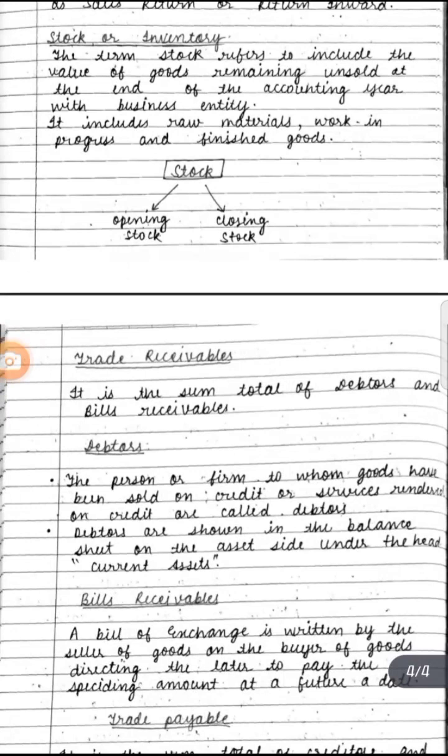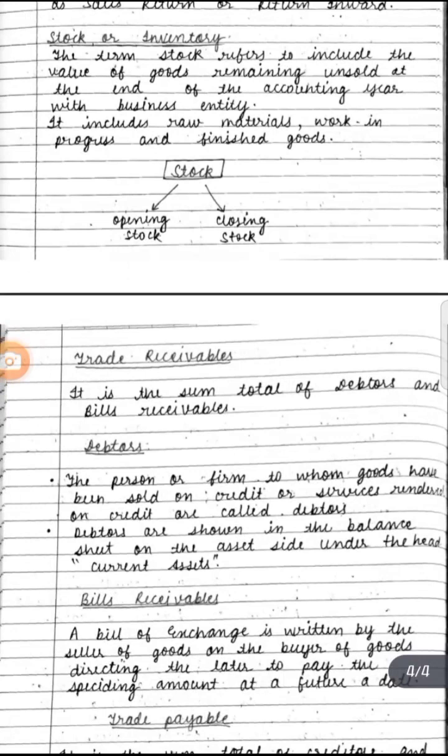Debtors are shown in the balance sheet under the head of current assets. A bill receivable is written by the seller of goods on the buyer of goods directing to pay the specified amount but at a future date. Bills receivable are also current assets.